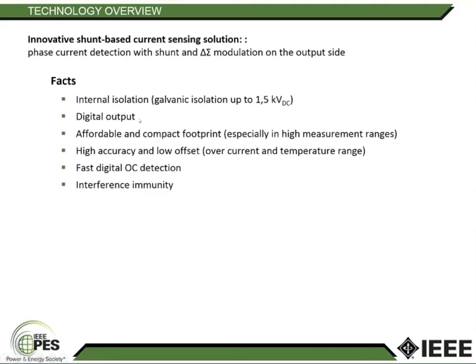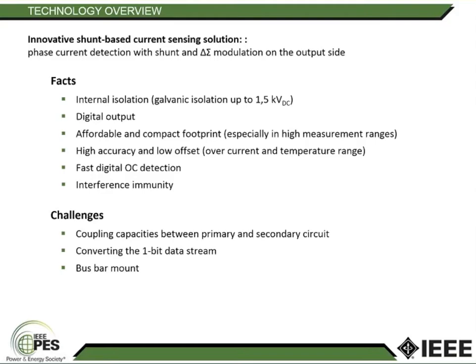They're affordable and compact in footprint, especially if you look at measurement ranges above roughly 500 amps. They have a high accuracy and a low offset over the current and temperature range. They provide a fast digital overcurrent detection possibility, and they're immune to magnetic interference because they provide a digital output signal right from the beginning, and they're based on a resistive measurement and not on an inductive measurement.